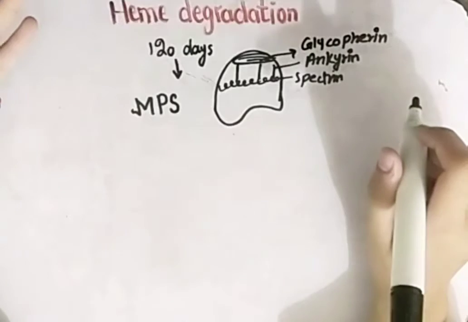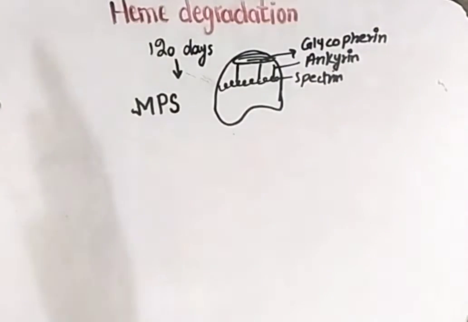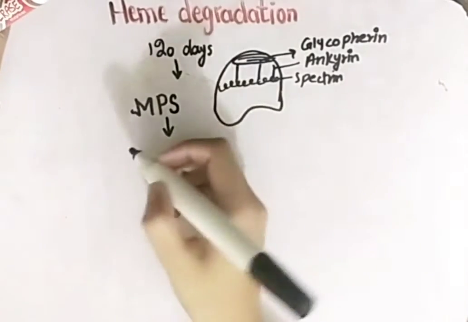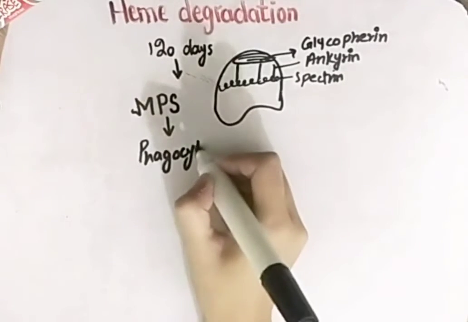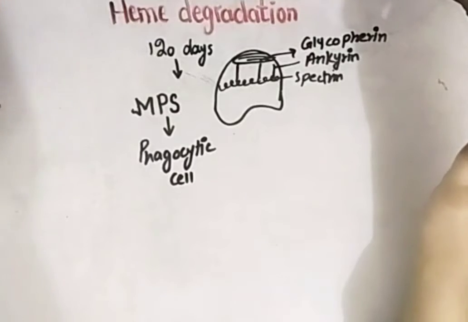The reticuloendothelial system is the part of the immune system which consists of all the phagocytic cells present in the body. Since they all are mononucleate, they are termed the mononuclear phagocyte system.